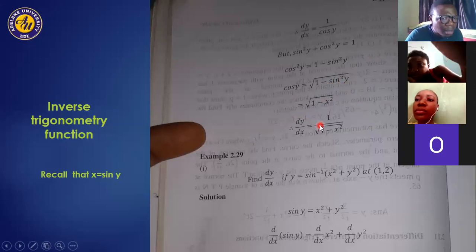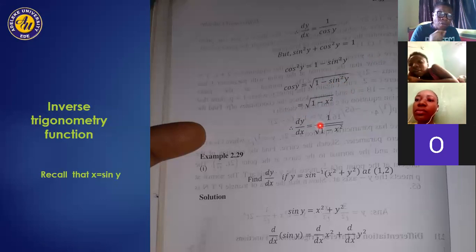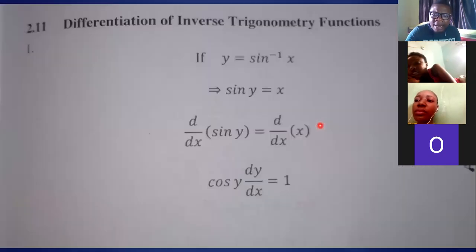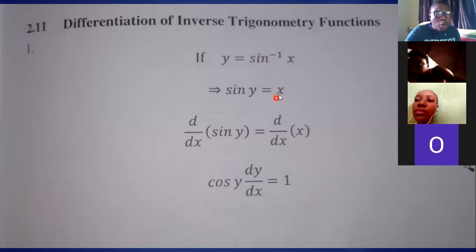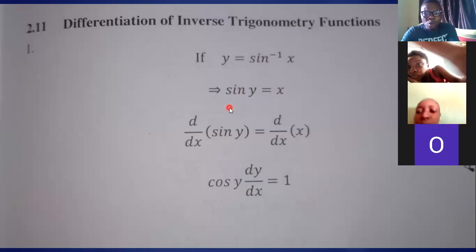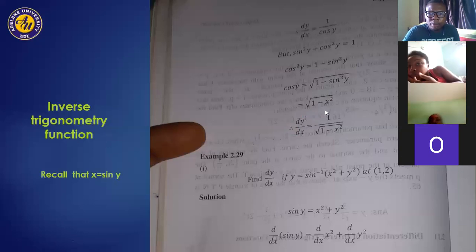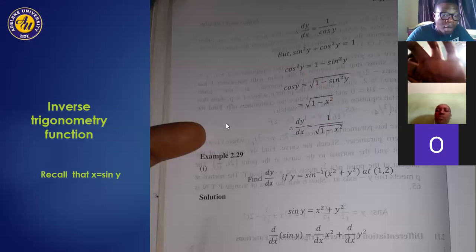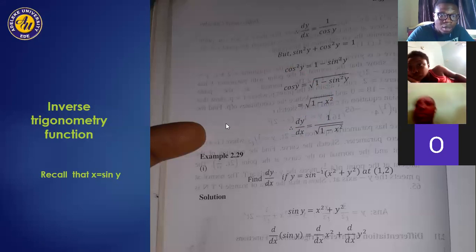What is sine y? I expect some of you to already have your notes. Sine y is equal to x. You remember now? Sine y is equal to x. So when we got here, okay, all right. Do you understand this now? Yes, sir.